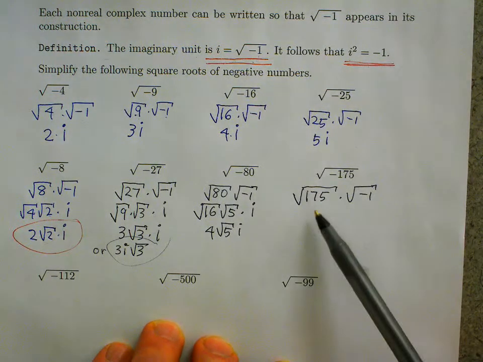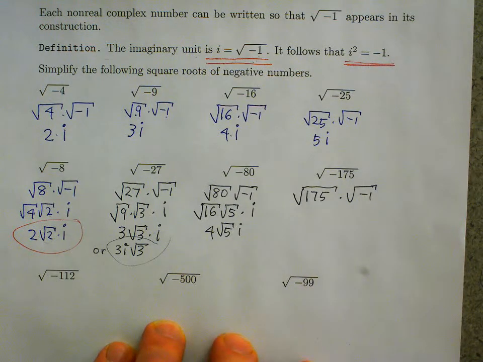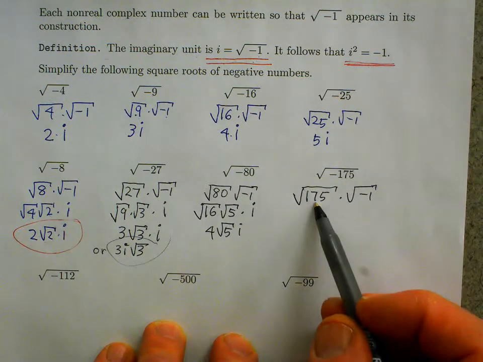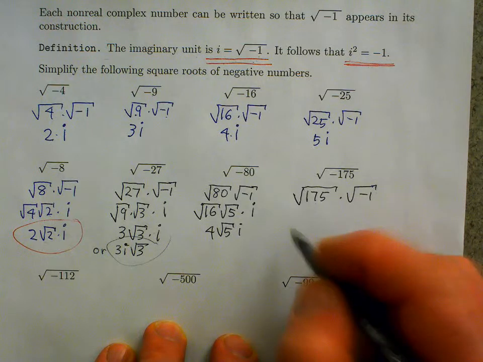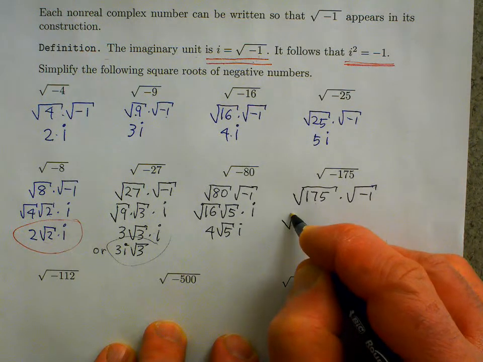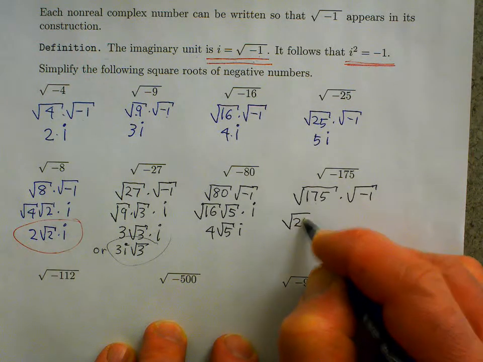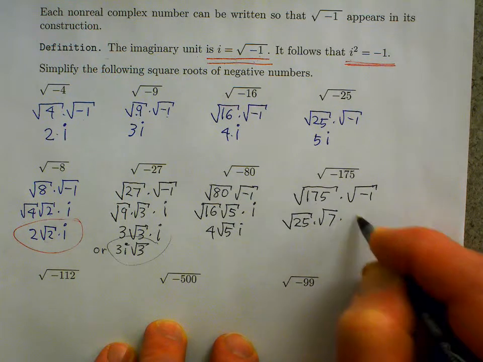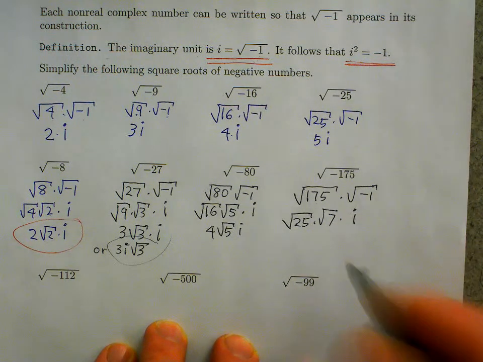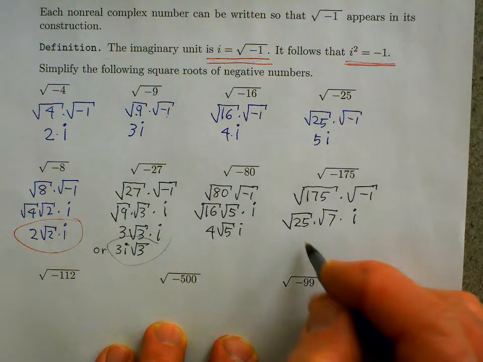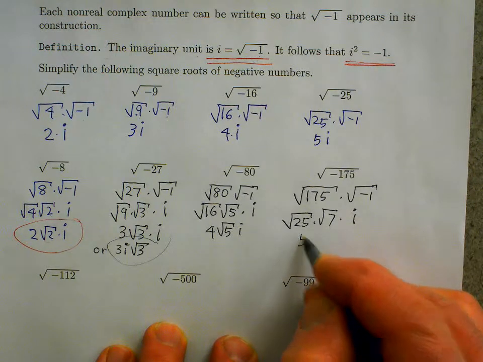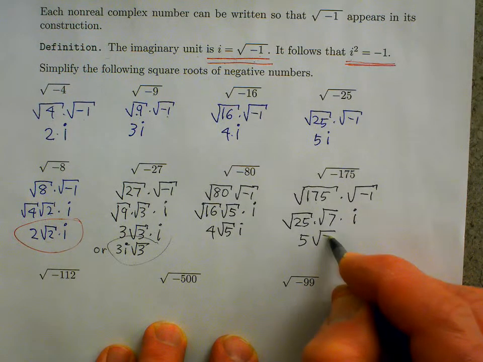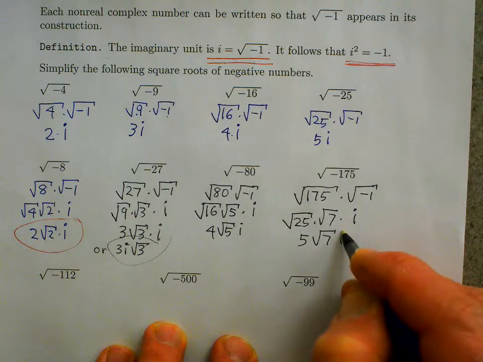The largest factor of 175 that's a perfect square is 25. 25 times 7 is 175. So rewrite this as the square root of 25 times the square root of 7 times i. And then the final simplified result is 5 times the square root of 7 times i.